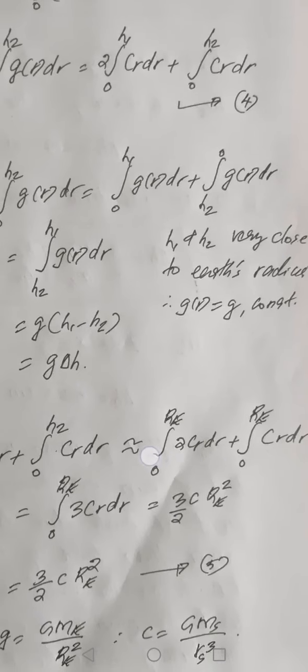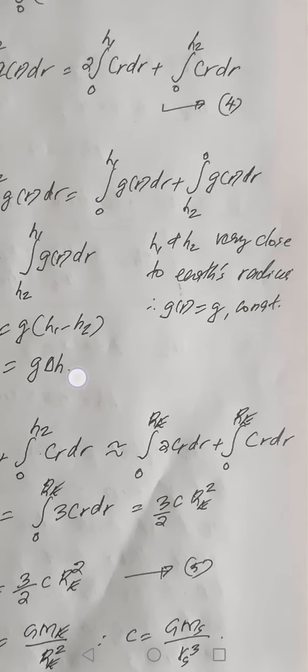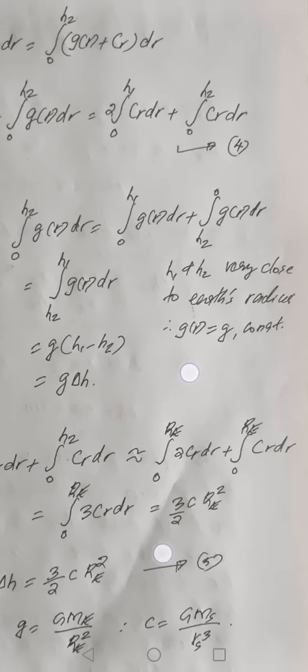So this will be 0 to re of 2cr dr plus 0 to re of cr dr. So it is 0 to re of 3cr dr, that is 3 by 2 c r square, since the integral of r is r square by 2.